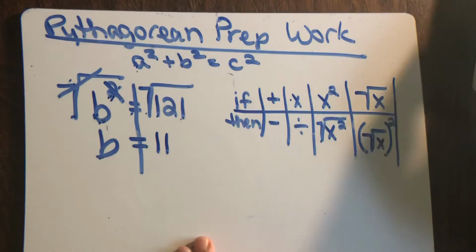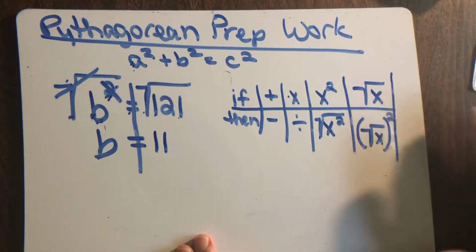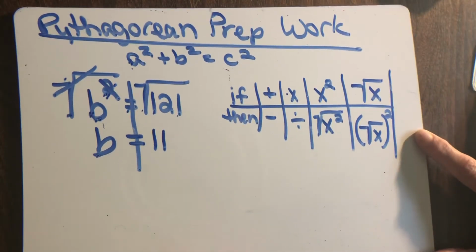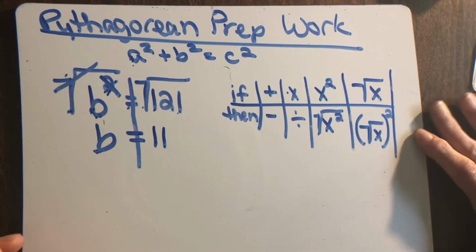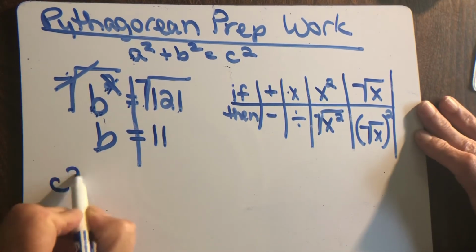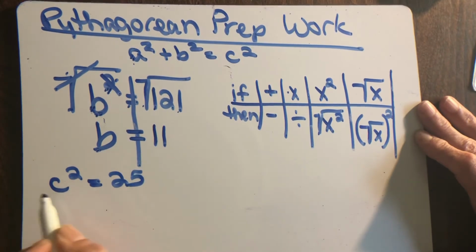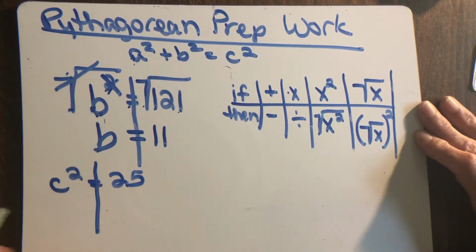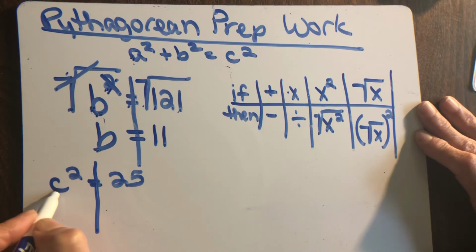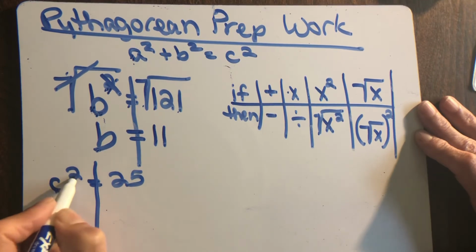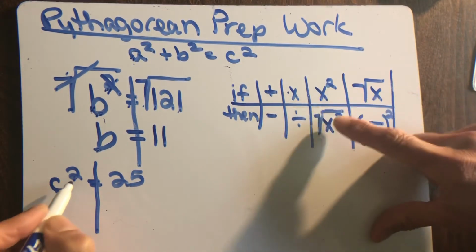Let's do a couple more very quickly so you can practice. So what if you've got c squared equals 25? All right, this is an equation. So line down the equal sign. Pencil on the variable. What operation is it in? It's being squared. How do I undo a square?